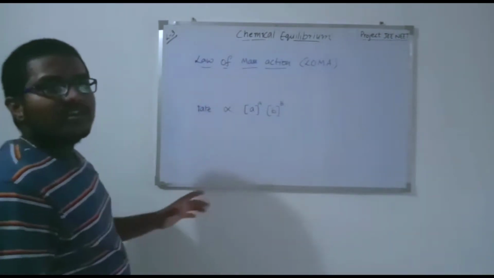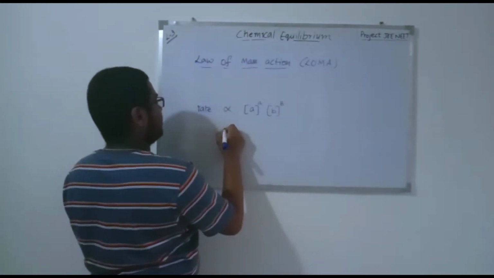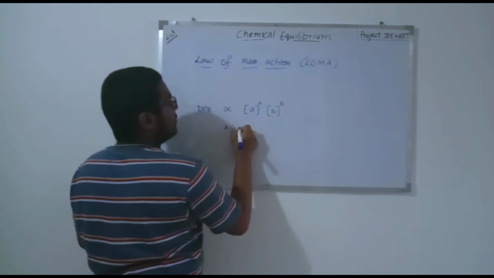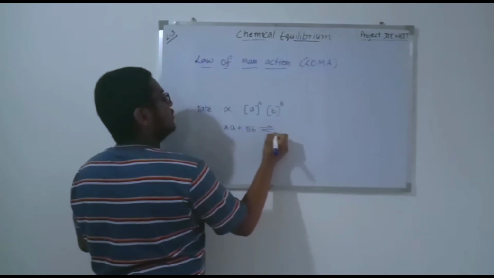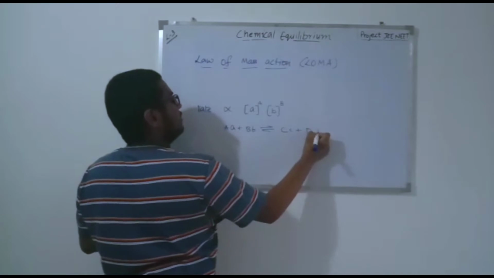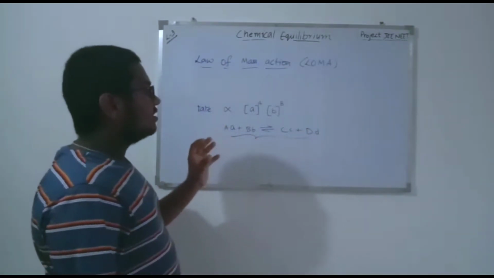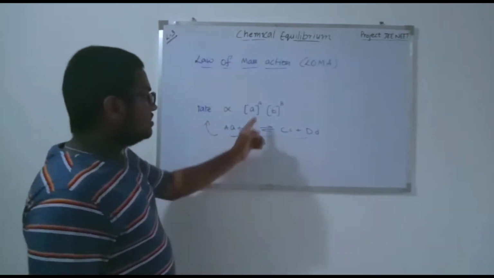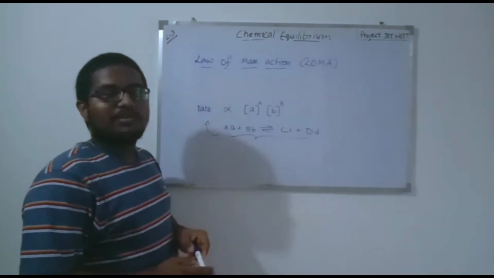This is the general notation of the law of mass action for a general equation: a moles of A plus b moles of B, reversible arrow, c moles of C plus d moles of D. This is applicable to any type of chemical equilibrium.